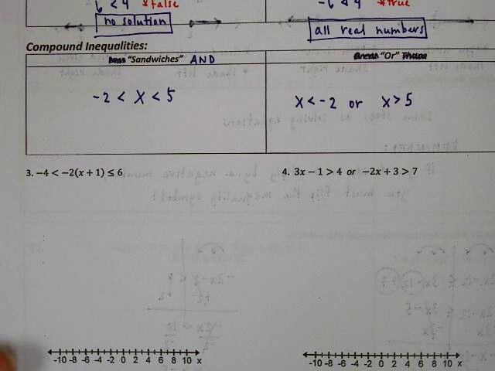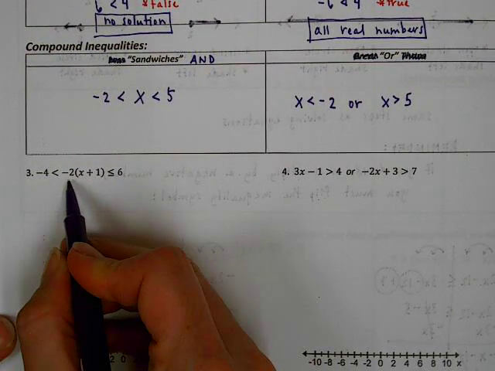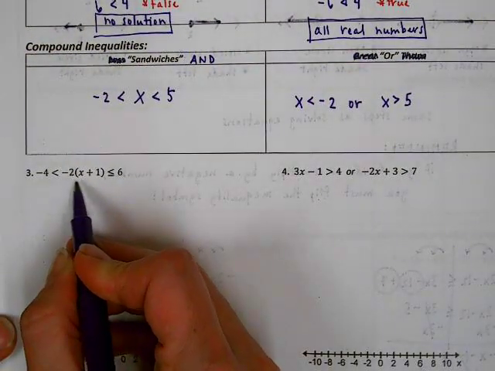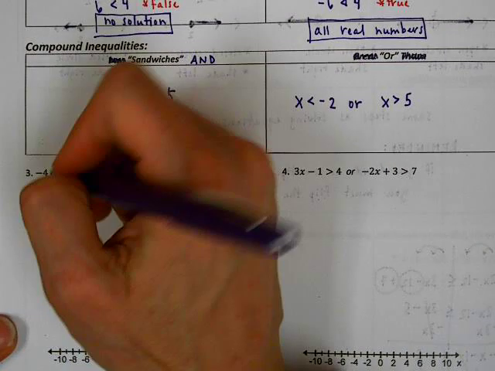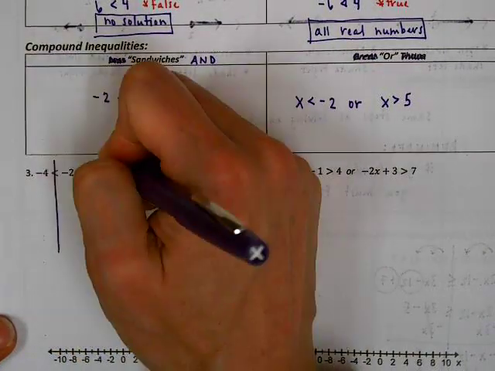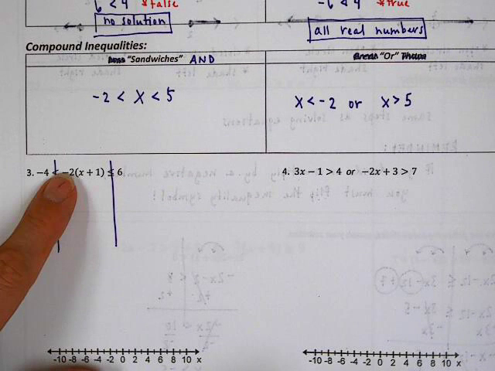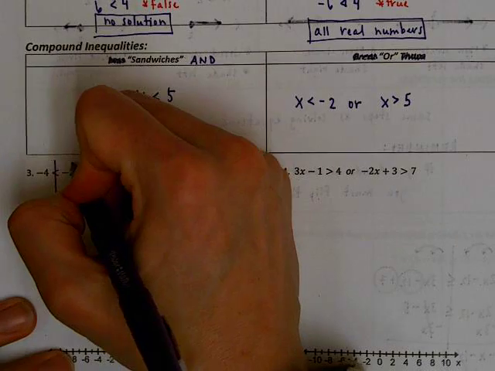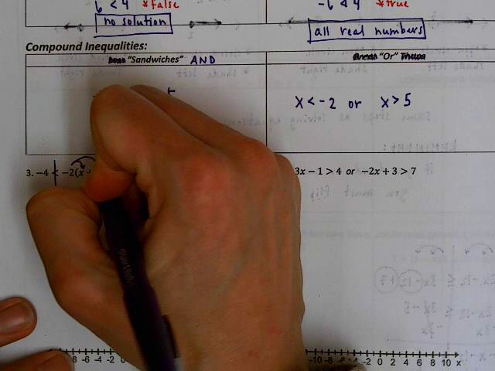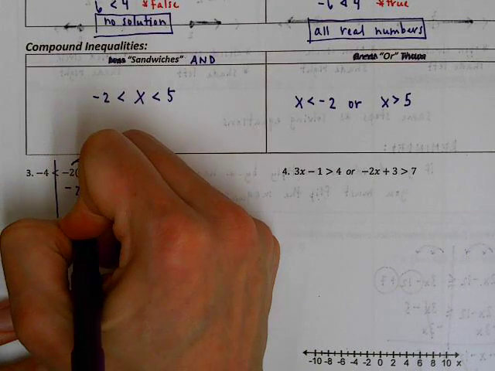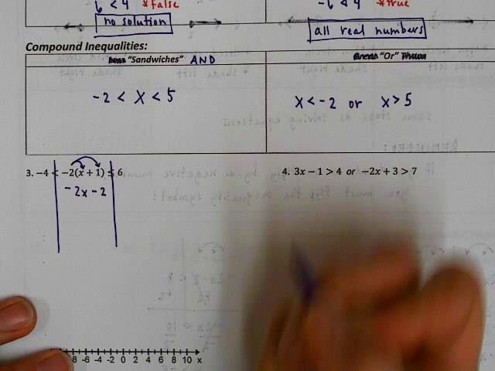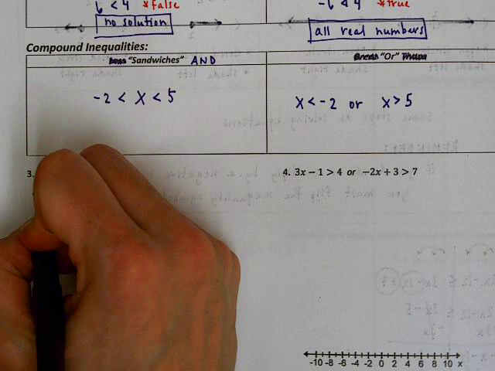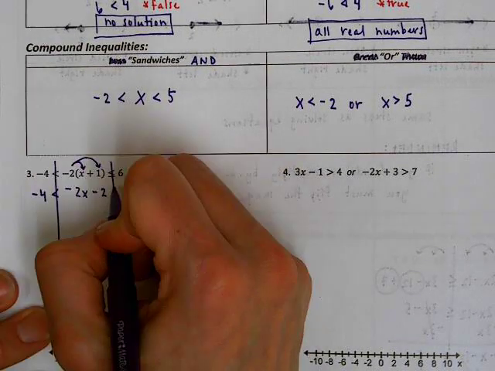Remember when we had our and, I can tell it's an and because the variable is in between those two values. We just drew two lines. Now, in the middle, before I do anything, I realize I have to distribute this. So I'm going to simplify the middle first, and I'm going to get a -2x minus 2. For right now, my values on the outside are going to stay the same.